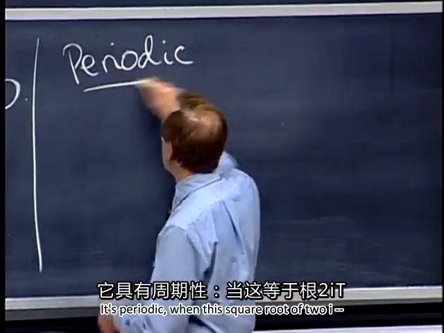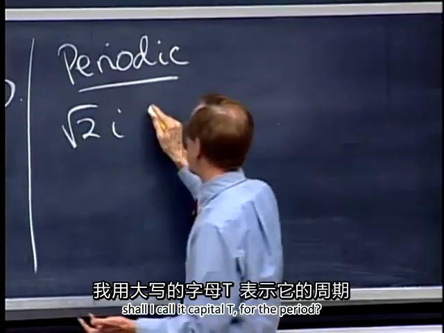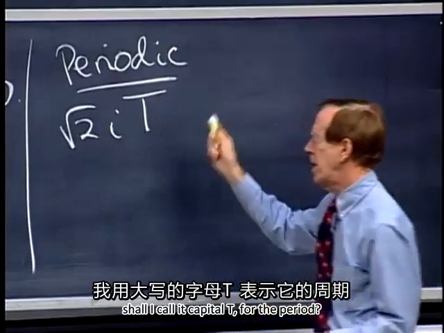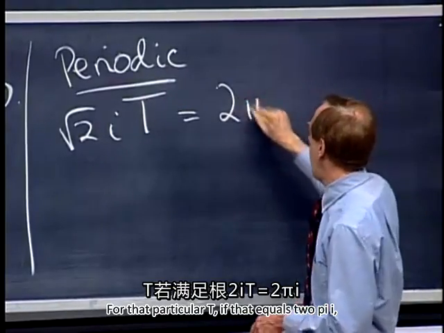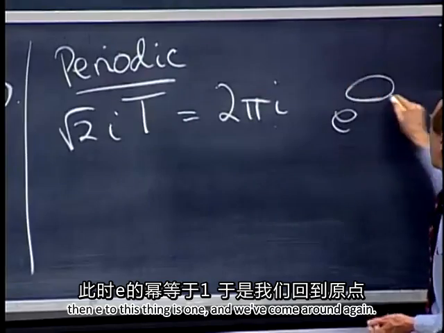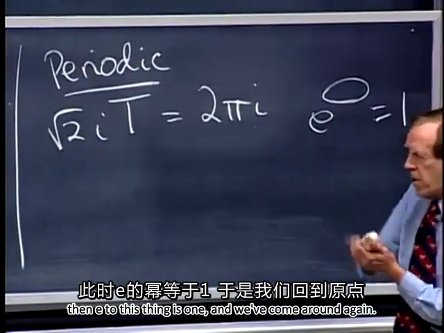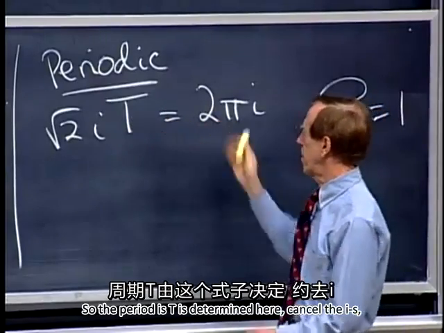It's periodic when this square root of 2 i times t, shall I call it capital T for the period, equals 2 pi i, then e to this thing is 1, and we've come around again. So the period T is determined here.